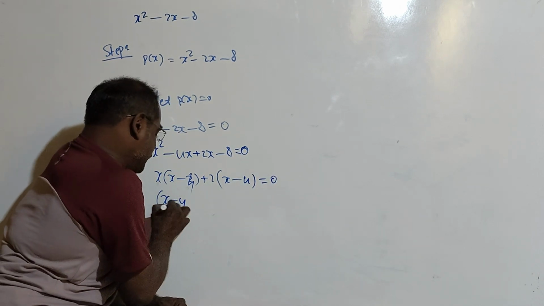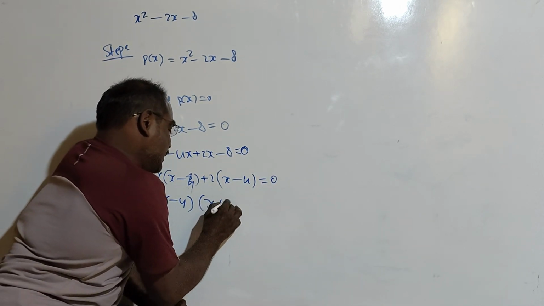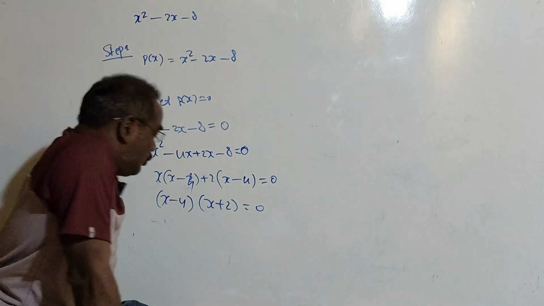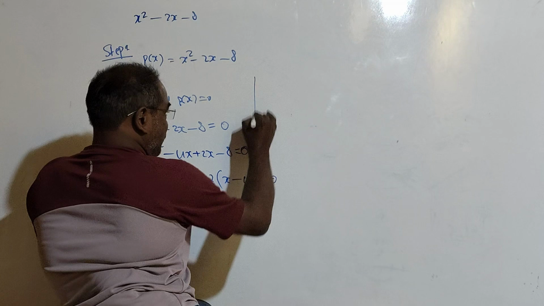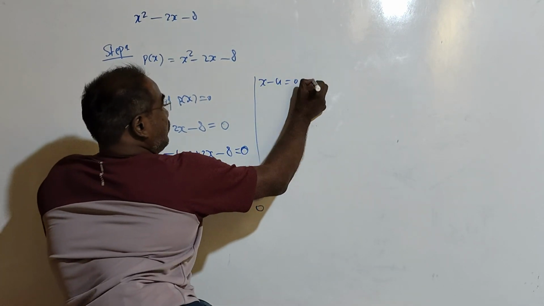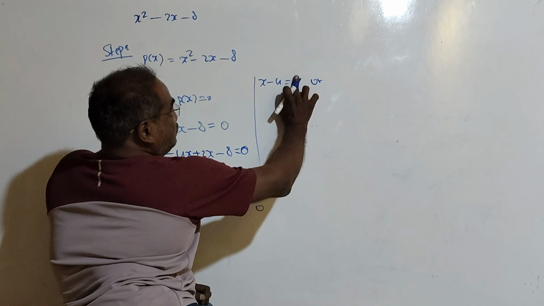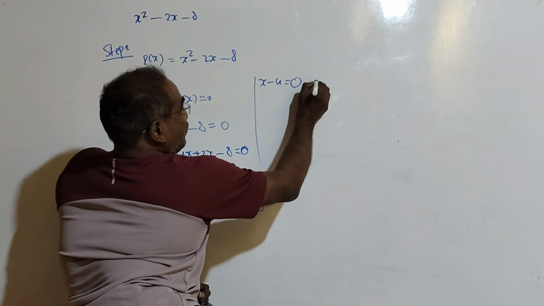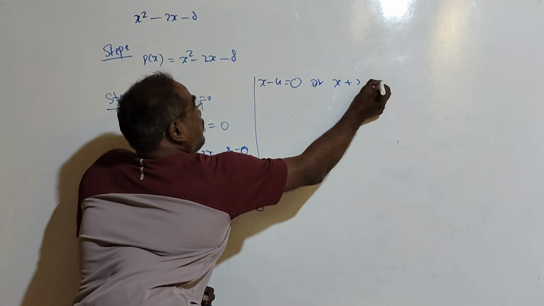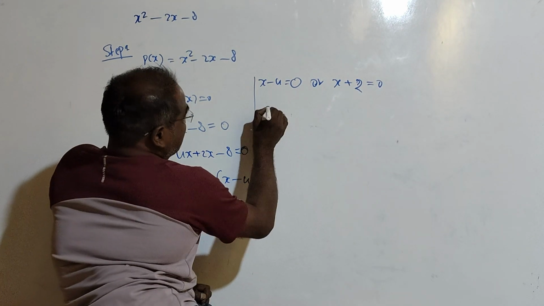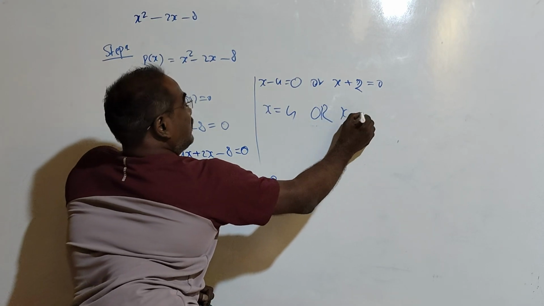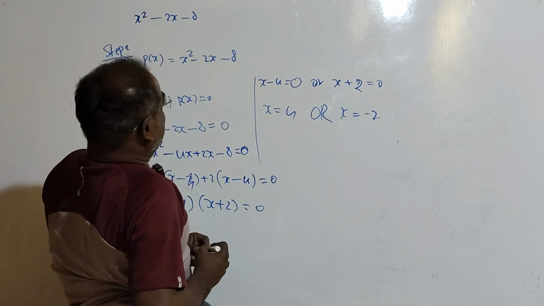So x minus 4 is common, then x plus 2 is equal to 0. For further simplification, I will write x minus 4 equal to 0 or x plus 2 equal to 0. By simplifying, x equal to 4 or x equal to minus 2.